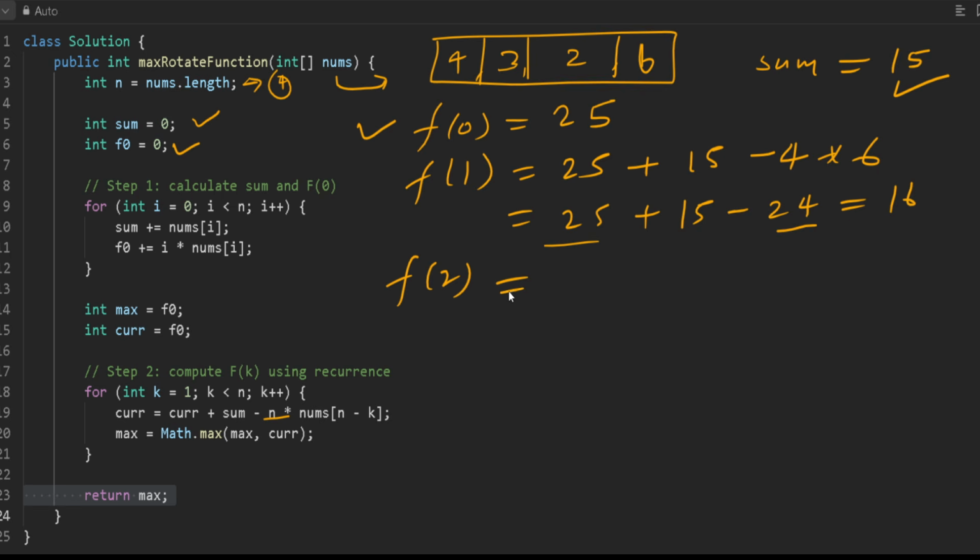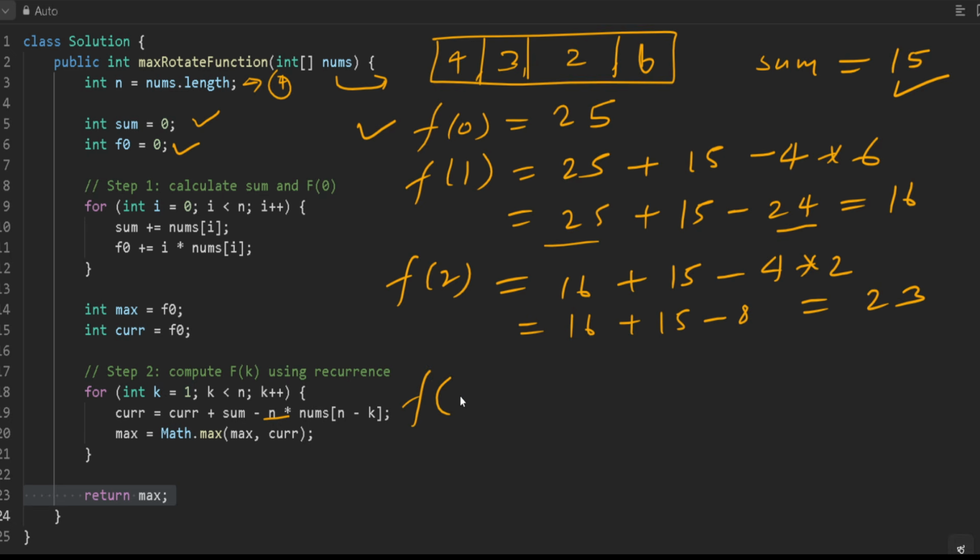Next, we got 16. So the last value we got is 16 plus 15 minus, this time we have the 4 itself, and the last element is now 2, because we do a shift, the last element will become this one. So how much will we get here? 16 plus 15 minus 8, so 8 plus 15 is 23.